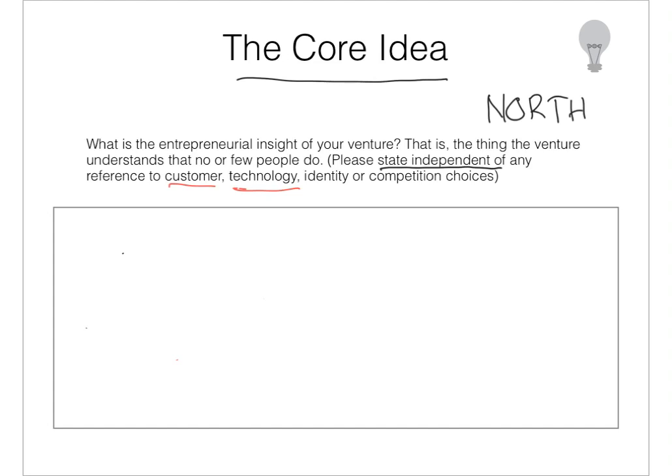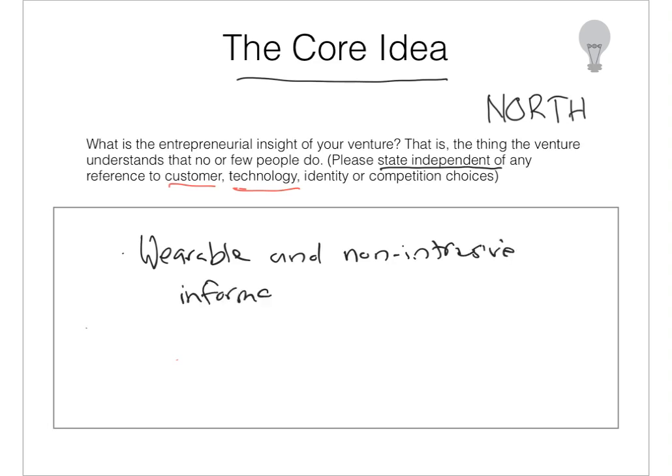So there's no reason why they shouldn't do that. The core idea should stay the same. So what that would more likely mean is something like wearable and non-intrusive information presentation.